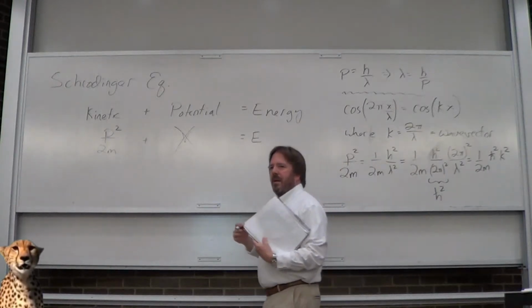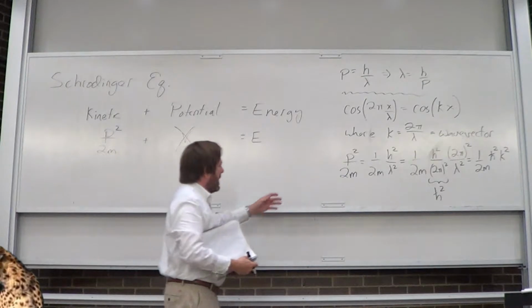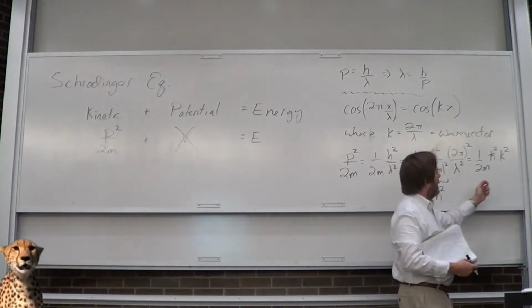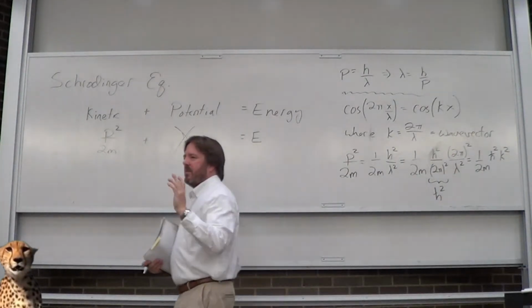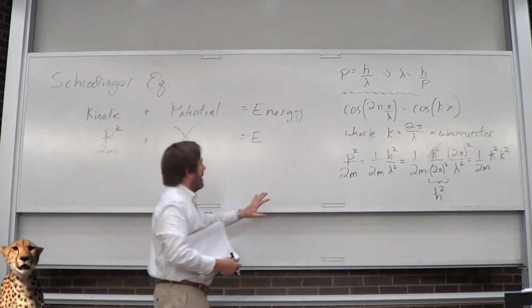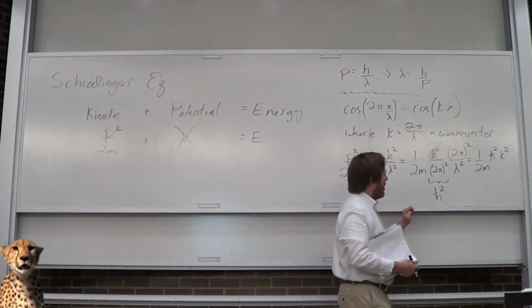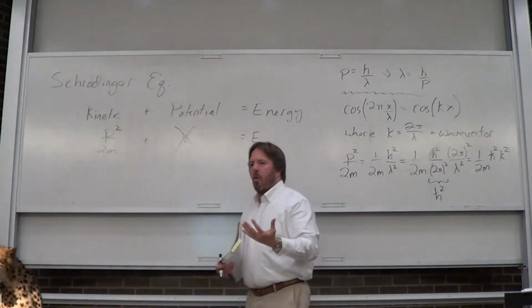Okay, so p squared over 2m, when applied to a wave, better spit out h bar squared k squared. So again, it bears emphasis. The kinetic energy part better spit out h bar squared k squared. That's its role.